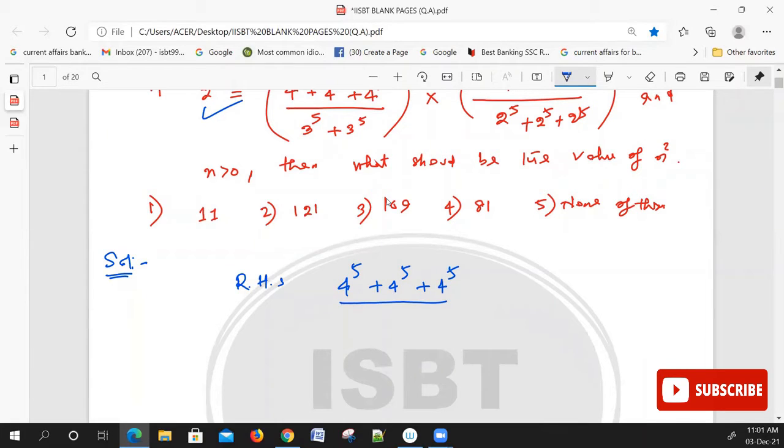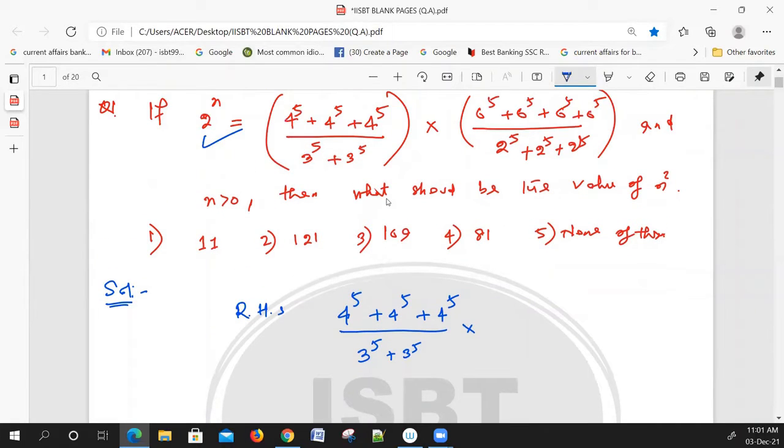Divided by 3 to the power 5 plus 3 to the power 5, into 6 to the power 5 plus 6 to the power 5 plus 6 to the power 5, that is 4 times, and 2 to the power 5 plus 2 to the power 5 is equal to, we can write 2 to the power n.